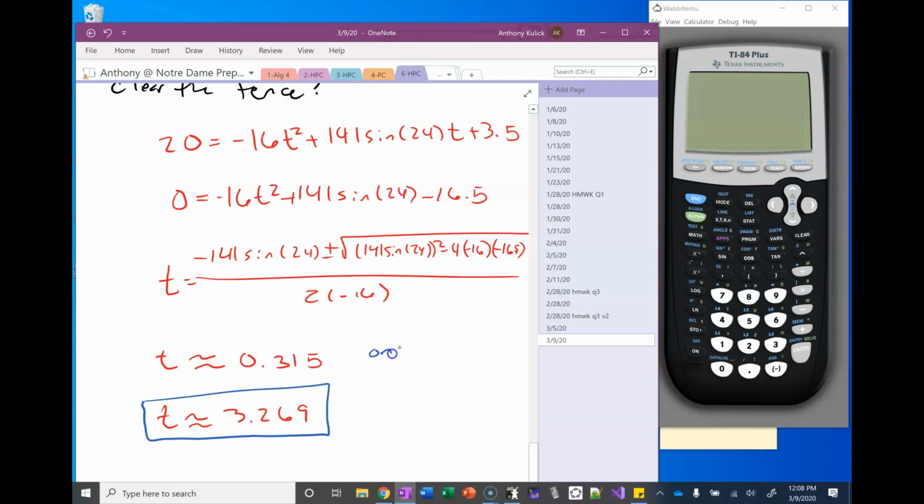Because it's a parabola, the y is going to be at 20 in two spots. Exactly. So the smaller value for t is when the ball gets to 20 feet on its way up, and the second value for t is when the ball is at 20 feet on its way down. That's why we're getting two reasonable looking answers. You have to think a little bit about physically what's happening, though.